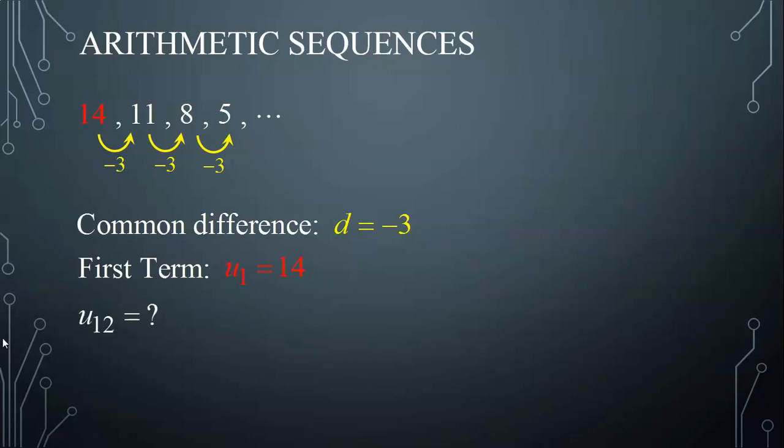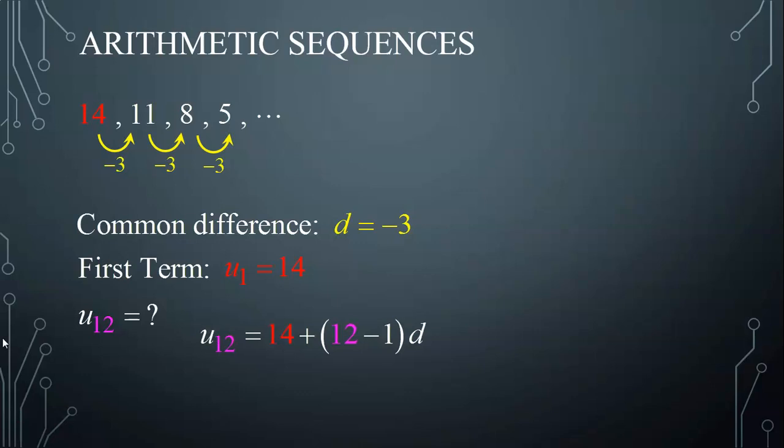Suppose I need to find the 12th term in the sequence, which will be defined by U12, since the first term is defined by U1. Going back to the general term of the sequence, Un equals U1 plus n minus 1 times D. Since I aim to find the 12th term, I set n equals 12.